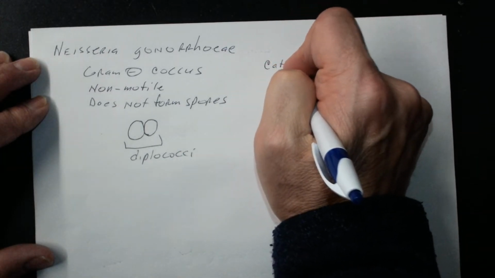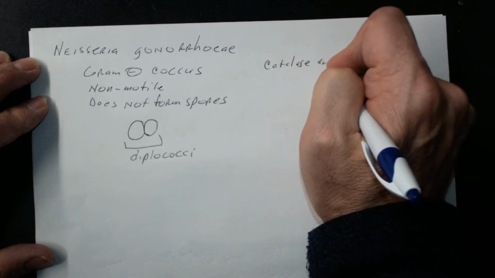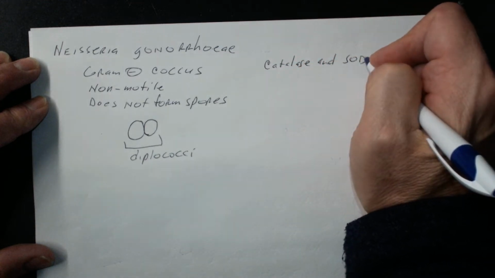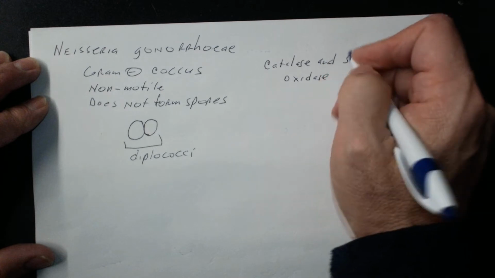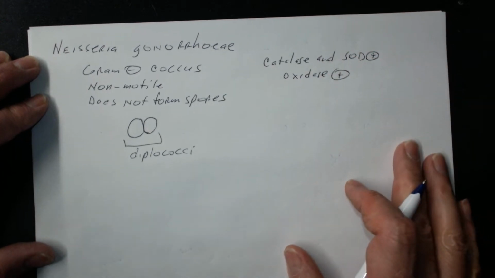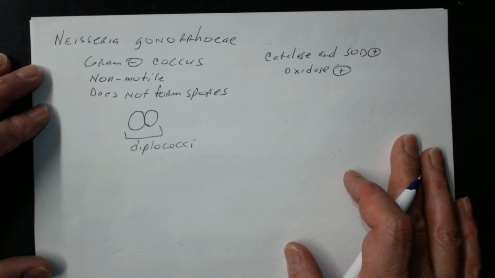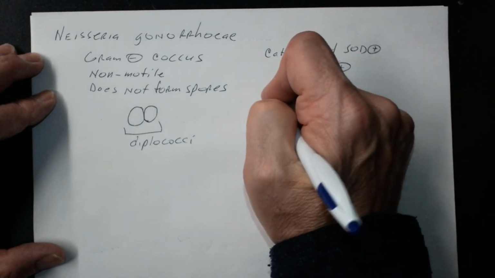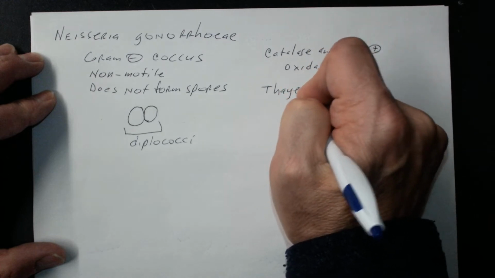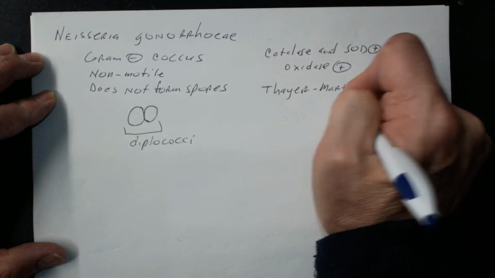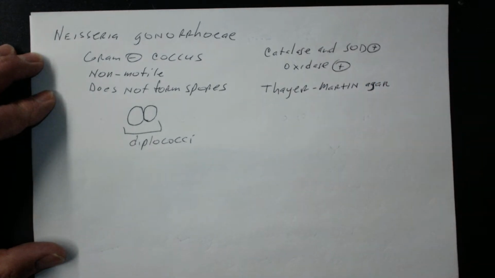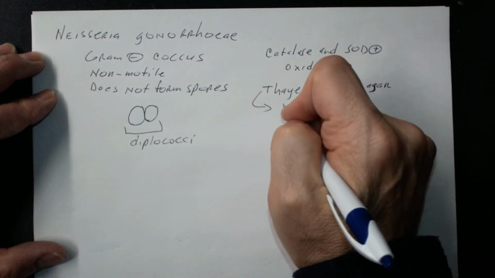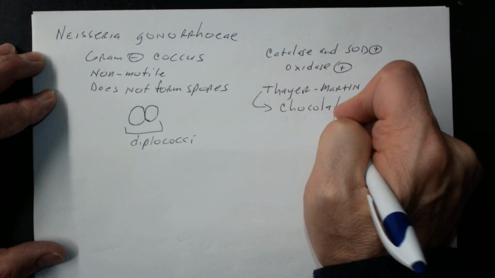They are catalase and superoxide dismutase positive. They are oxidase positive. When you isolate them, you grow them on Thayer-Martin agar. And this is made with lysed sheep's blood, so it's chocolate agar.